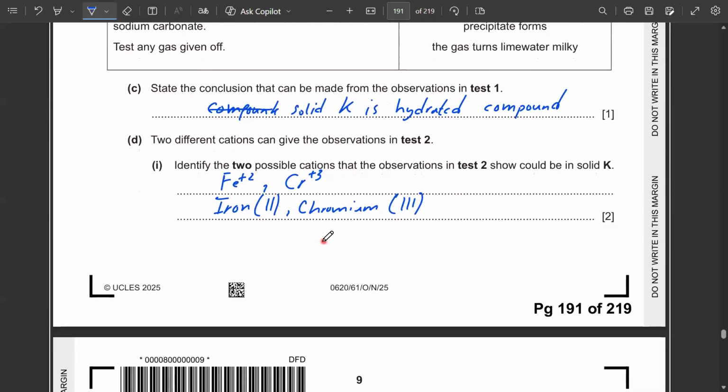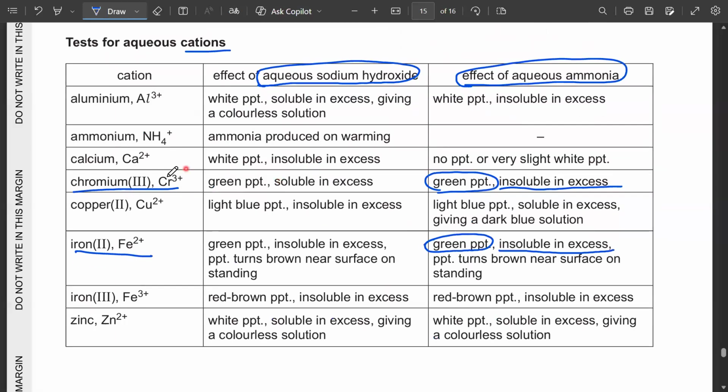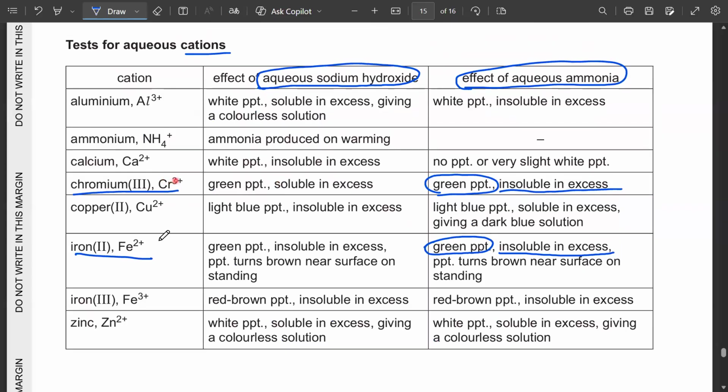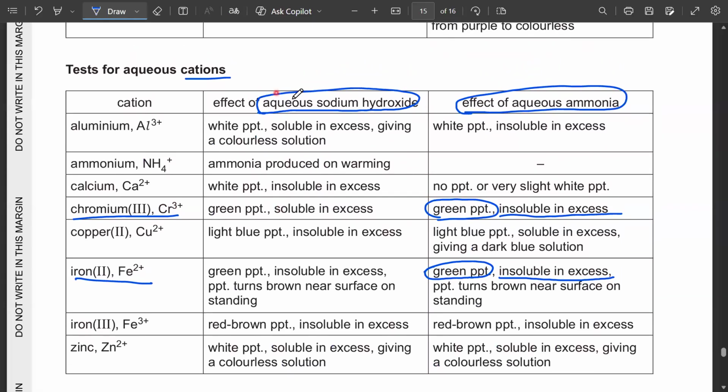So for this purpose, you will again go back to the qualitative notes. So in front of the chromium ion and iron ions, you also have another test with the sodium hydroxide. In this case, the green precipitate is formed with the chromium plus 3 ion, which is soluble in excess.